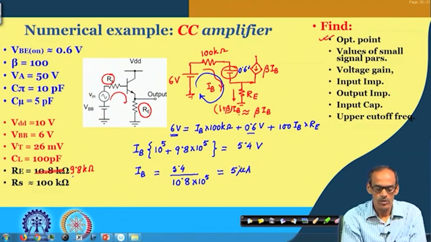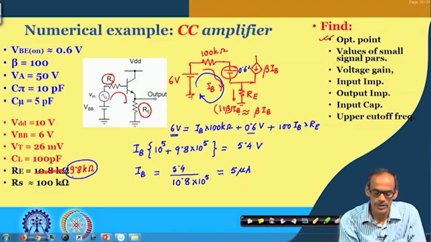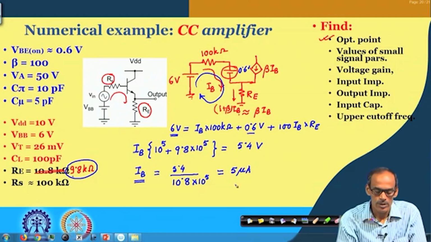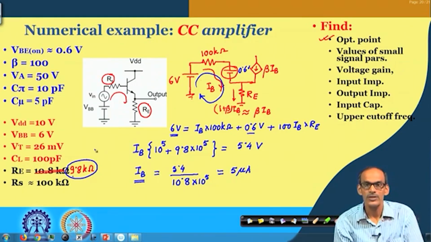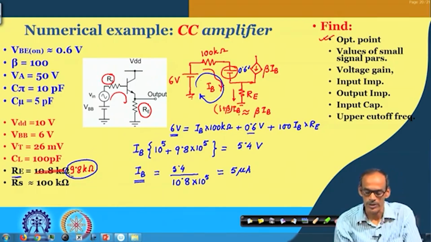Just make a note that we have intentionally tuned this resistance so that we get the same value of IB that we obtained in our previous example, 5 microampere. Even if this resistance is something else, of course, the circuit will be working fine, but just for making this circuit comparable with the previous circuit, we are making this RE equal to 9.8.